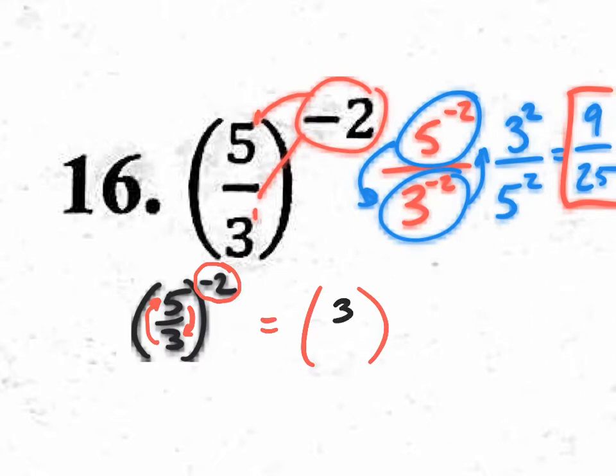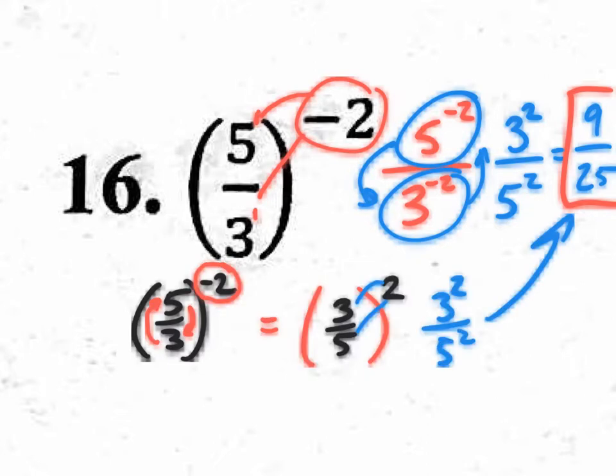Instead of 5/3, it'll be 3 over 5. And the power on the outside, instead of -2, it's going to be a +2 now. And then you could distribute the 2 on each of those, and you'll get 3 squared over 5 squared, which again is the same answer, 9 over 25. So it's totally up to you. If you want to apply that trick with the negative exponent where you take the fraction and flip it, you could do that, convert it to positive, and then you'll get to the same answer.